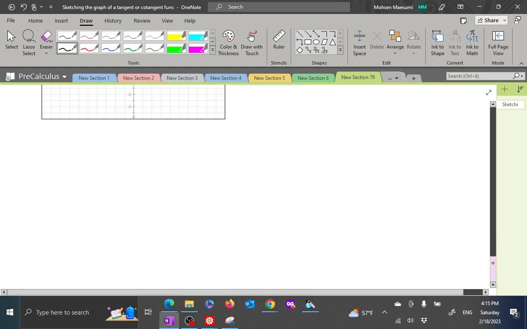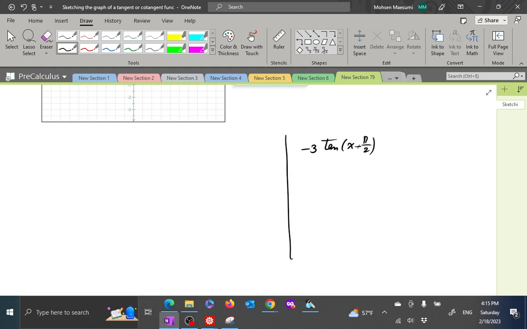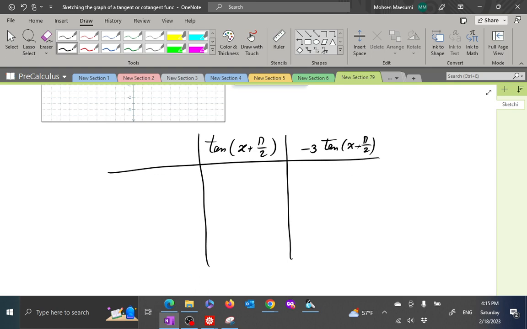So, minus 3 tangent of x plus pi over 2. So of course that comes from tangent, whose input is x plus pi over 2, and then we need to calculate x for graphing purposes. So as usual, this starts from minus pi over 2, minus pi over 4, 0, pi over 4, and pi over 2.